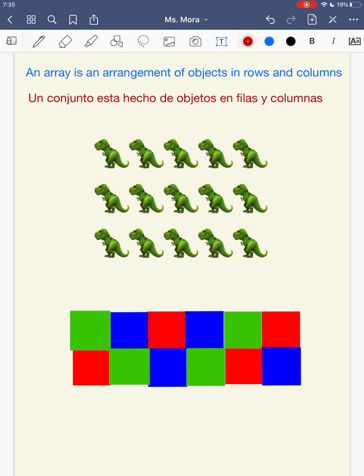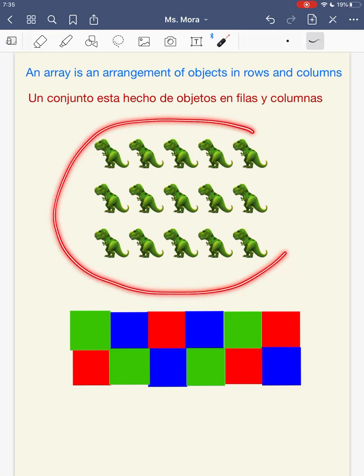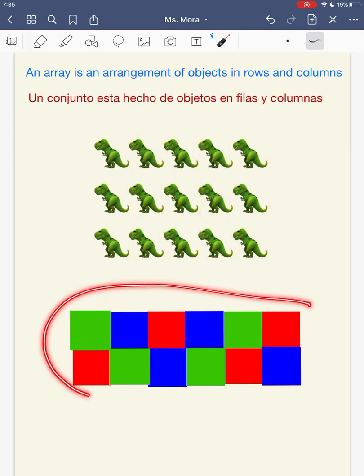So just to review guys, an array is an arrangement of objects in rows and columns. We've learned about this type of array that has spaces in between the rows and spaces in between the columns. And we've also been working on arrays like this that look like a rectangle and there are no spaces in between the rows.